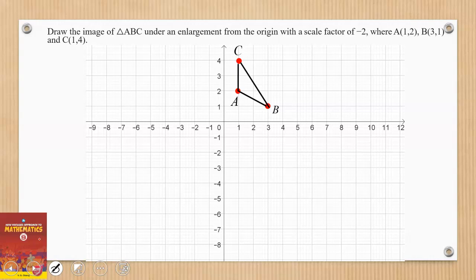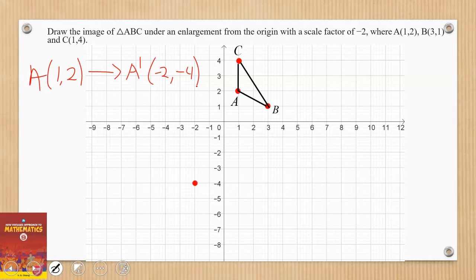So what we do is that if the original A is (1, 2), its image A prime would be times -2, to give us (-2, -4). Then we plot (-2, -4), which is going to be here.